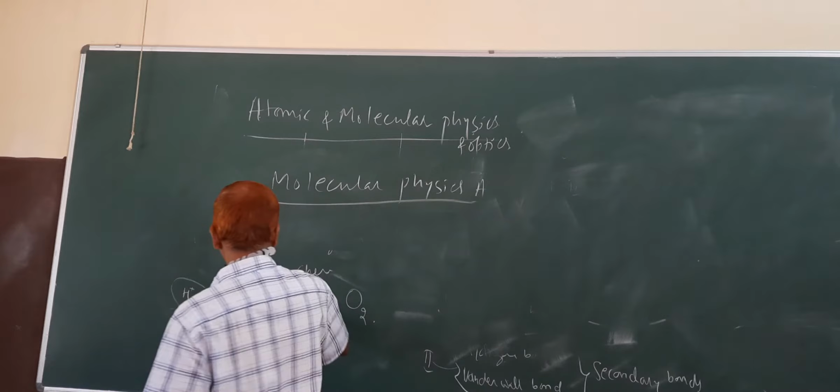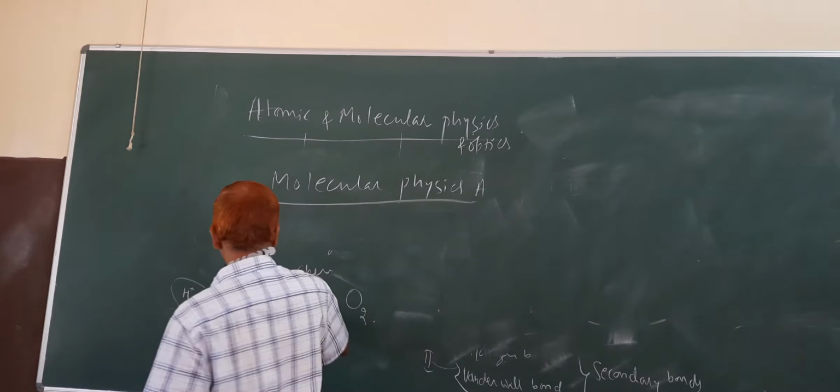The center of positive charges is coinciding with the center of negative charges. If the center of positive charge coincides with the center of negative charge, the atom looks electrically neutral, right?